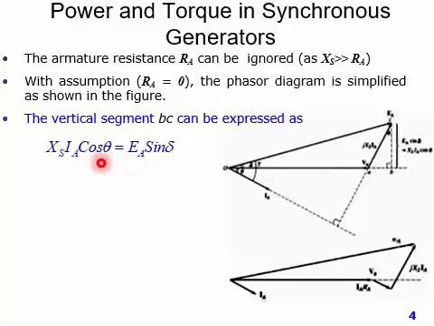or we can say that the BC segment is either equal to Xs Ia cos theta, or it can also be written as EA sine delta. Now we will see how we have written this segment equal to these two quantities.